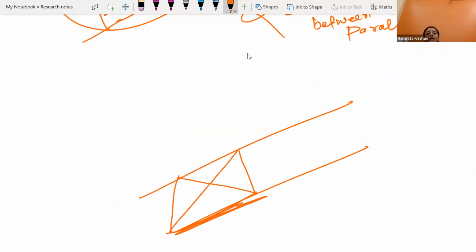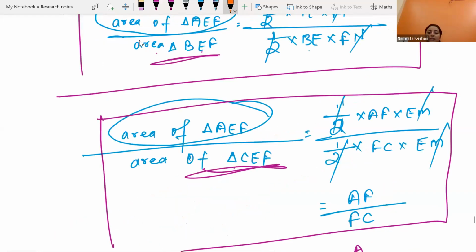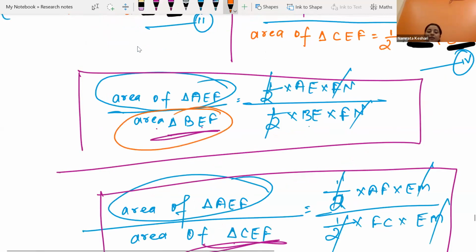These two triangles' areas will be same, because if you will be dropping a perpendicular over here, or you will be dropping a perpendicular over here, these two perpendiculars will be of same length. Are you getting it? And hence area of BEF and CEF will be same.